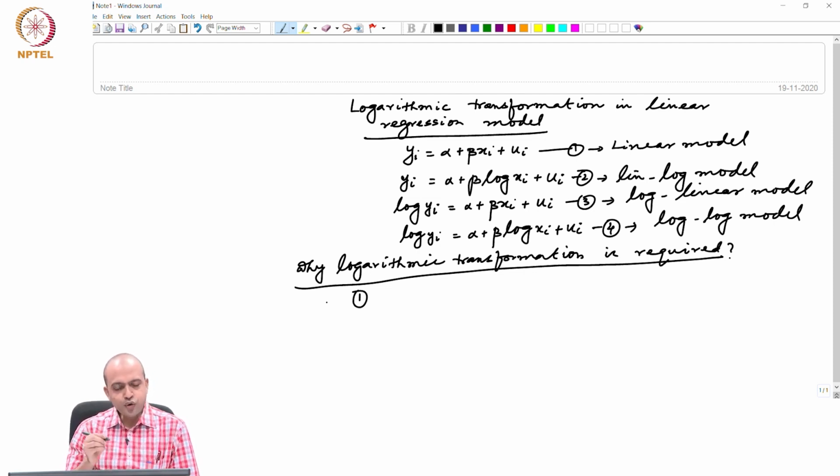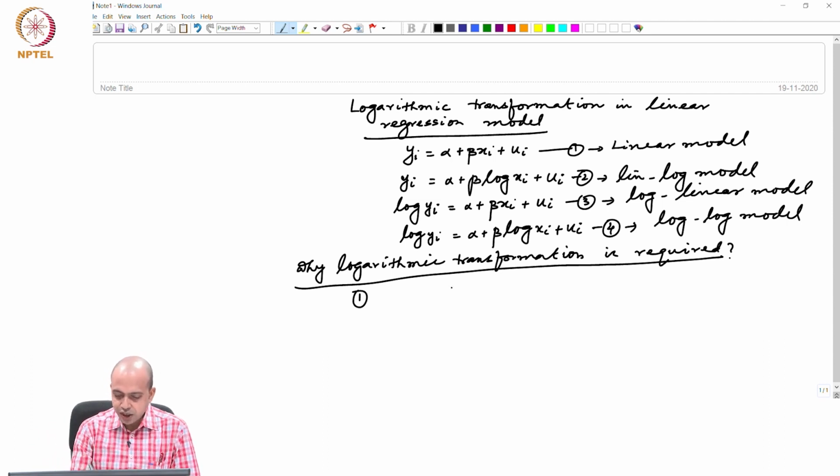So, we need to somehow linearize that apparently nonlinear relationship between y and x, so that we can apply linear regression estimation to estimate your beta hat. Sometimes your dependent variable y is non-linearly dependent on your x.